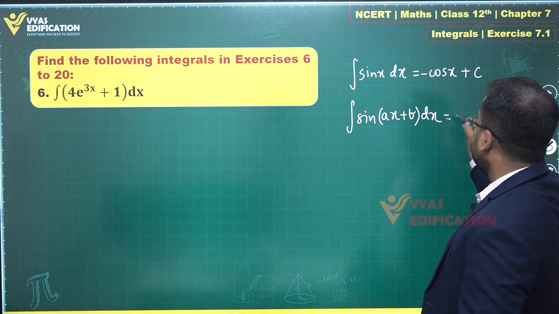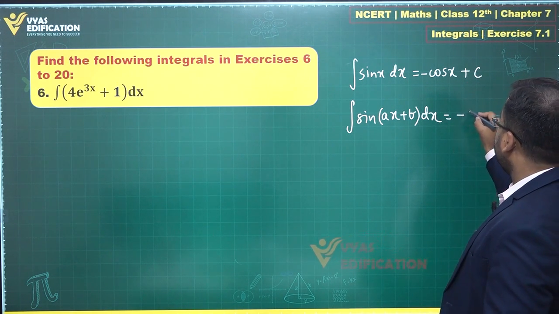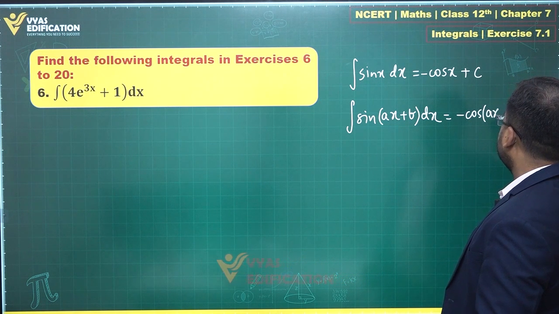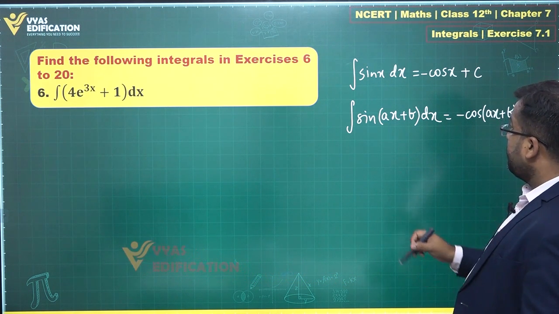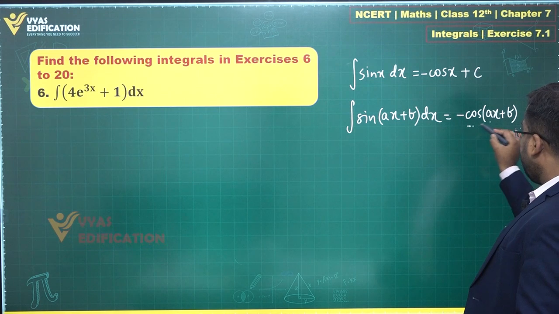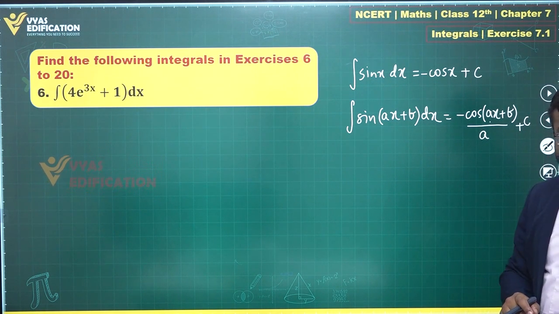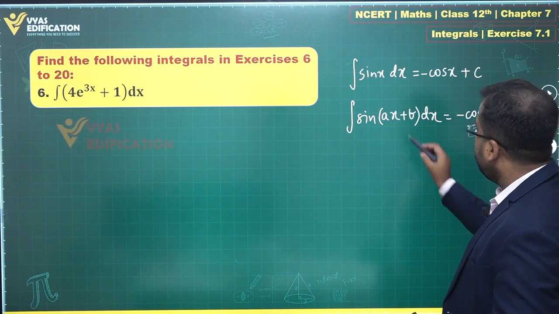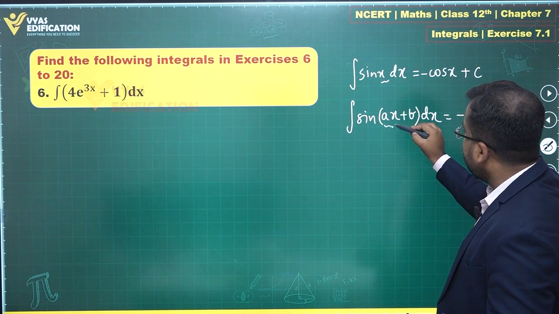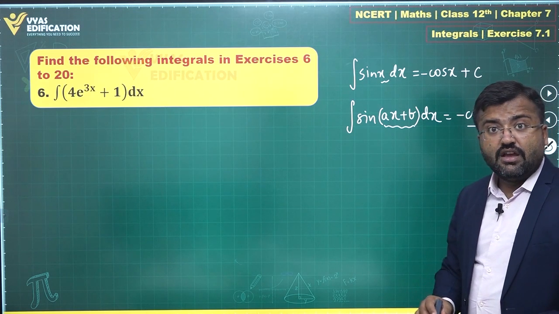Okay, what is this integral equal to? This integral is minus of cos of ax plus b, and we divide by this a over here, plus the constant of integration. Mind you, this works only if instead of x you have a linear expression of x. This can be written, right?